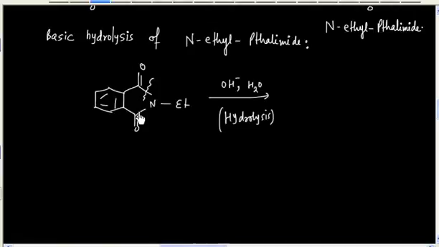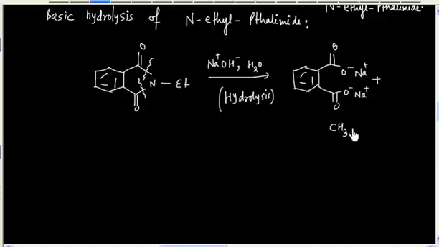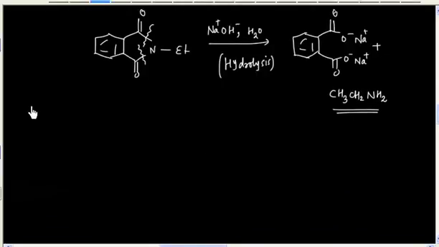What happens? This bond breaks here and this bond breaks here, and the final product is, let us say we have NaOH, so we will have the sodium salt plus ethylamine. So this reaction is used for preparation of primary amine. So this is the primary amine.